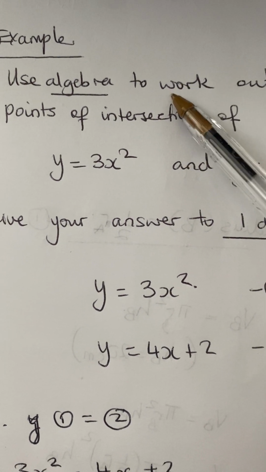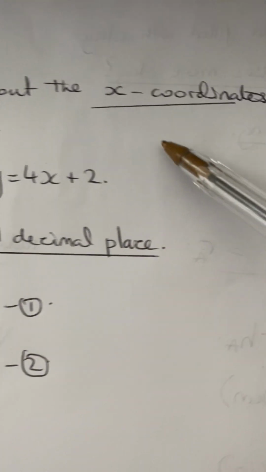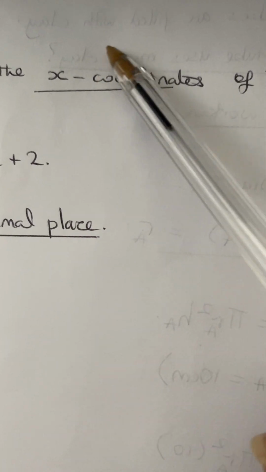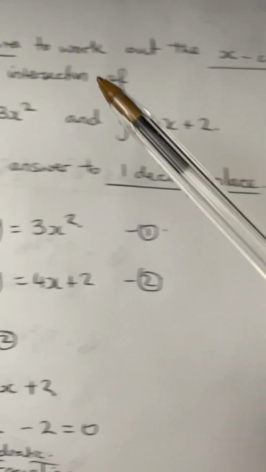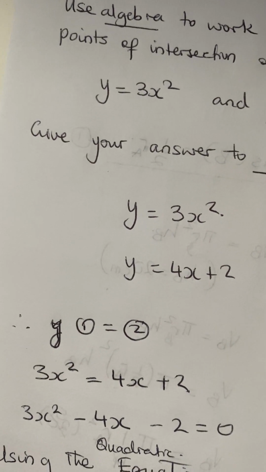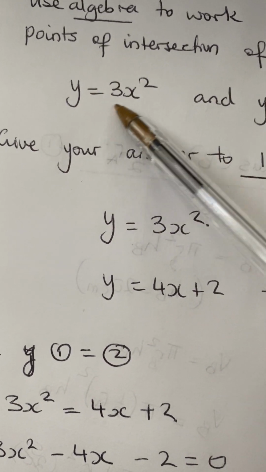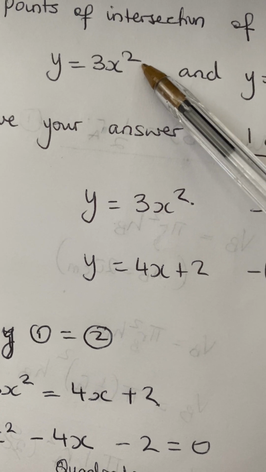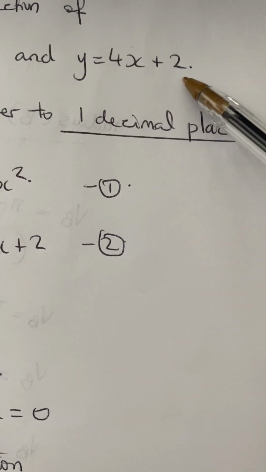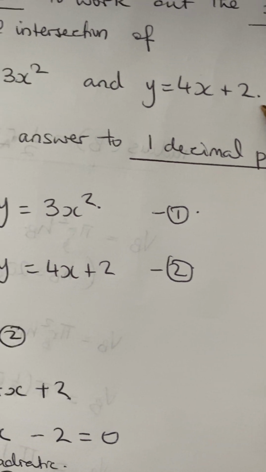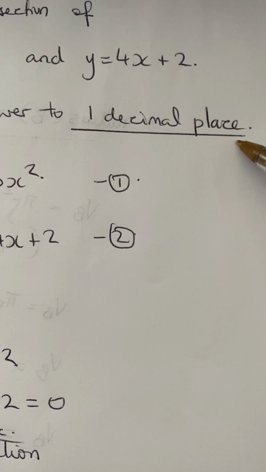But they are not asking me to draw a graph. They are asking me to work out with algebra, and the answer I should only give is the x coordinates. They are not asking me to give all the coordinates. So now y equals 3x squared and y equals 4x plus 2, and they said give your answer to one decimal place.